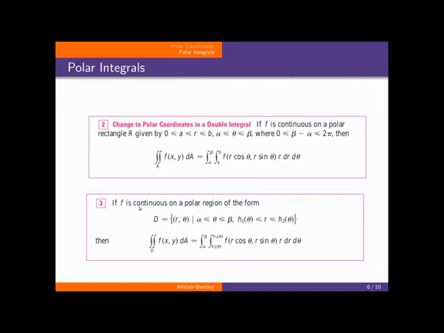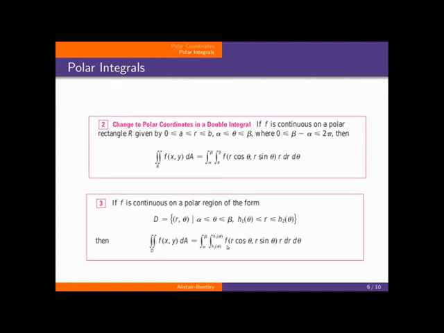If our function is defined over a polar region where the r value is given as a function of theta on its lower bound and a function of theta on its upper bound, the formula for the double integration is going to be very similar, in that we're first going to integrate from alpha to beta, and then we're going to integrate from h1 of theta up to h2 of theta rather than from the constants a and b.